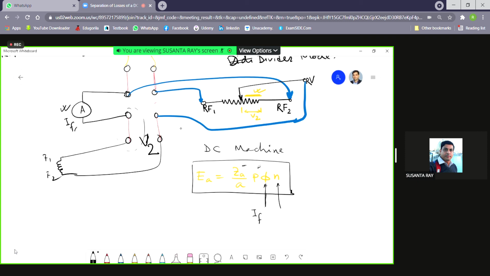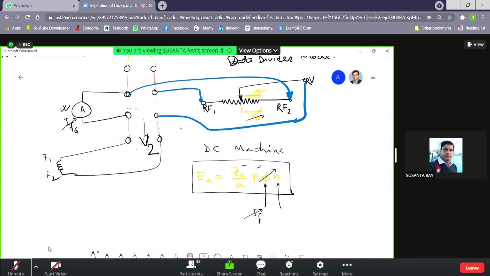So this is the field current for the generator. By varying this voltage, we can vary this field current, and by varying this field current, we can vary this flux. But we would not vary the flux for this particular experiment. We'll change the speed only.